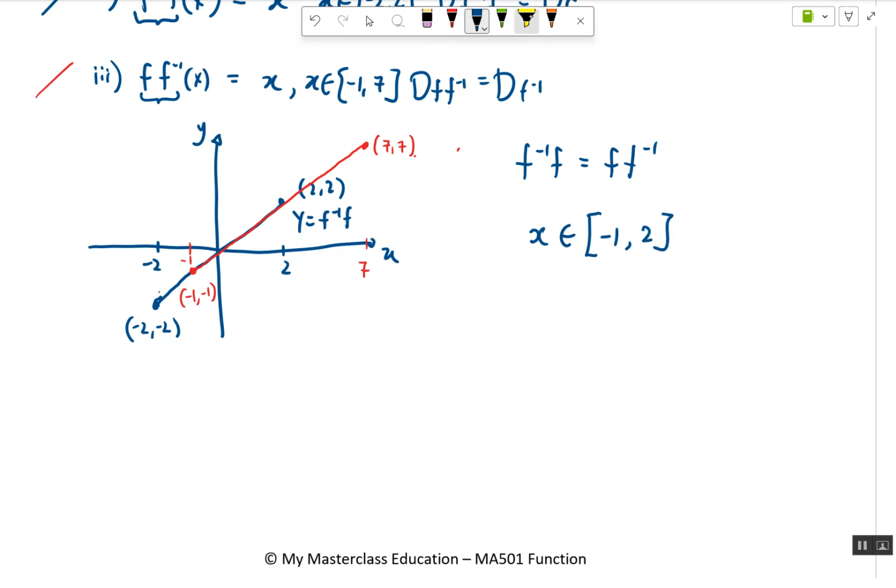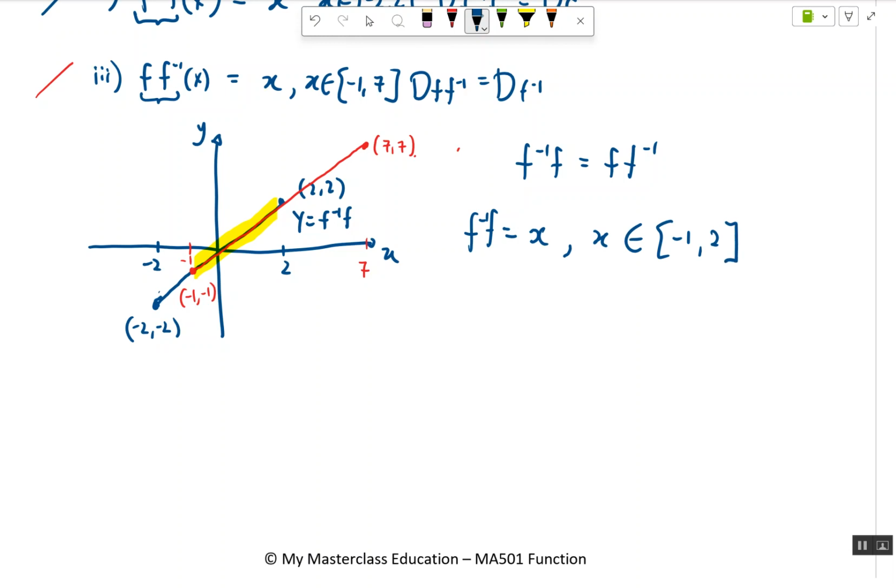You can see that they overlap each other. This is the part when they are equal. So you can say that f inverse f equals x, where x is from -1 to 2, because this is the part that they overlap.